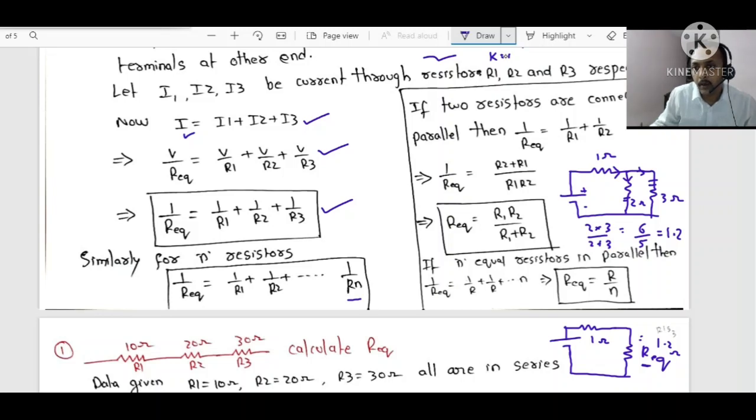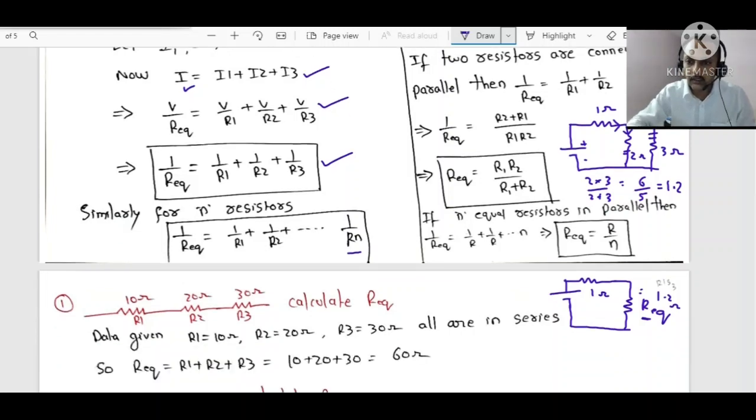If you observe in this example problem, not all the resistors are in parallel or in series. These two are in parallel, right? And its equivalent value is in series with this 1 ohm. Now what will be your total resistance? Observe, R equivalent for the total circuit. Now this 1 ohm is in series with 1.2.